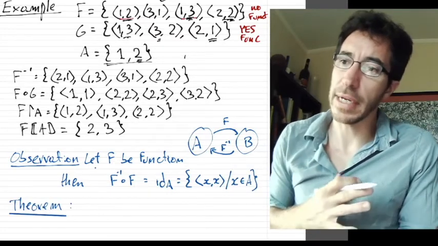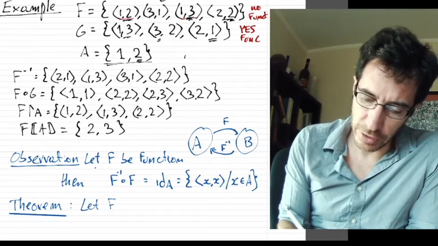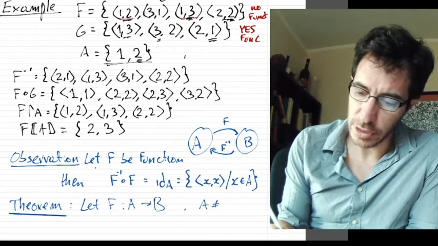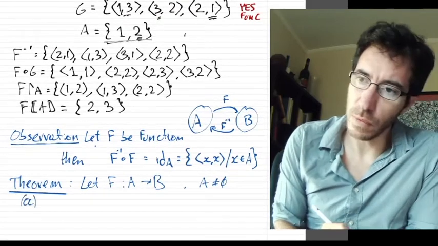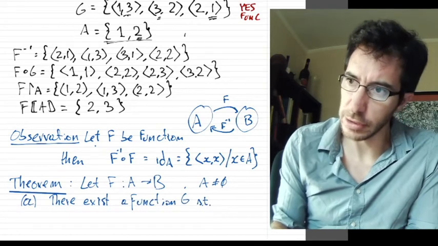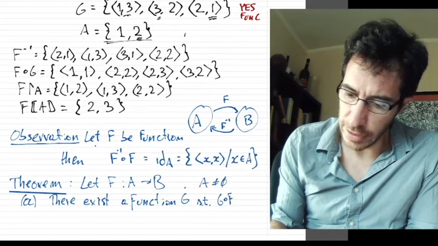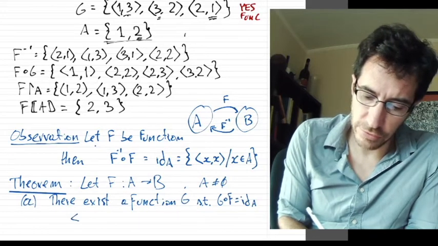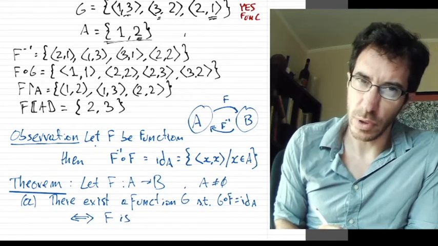Okay, let's see some situations where we can get partial inverses for functions. So let again F be a function from A to B, and let's assume that A is not empty, just for triviality. I want to claim two things. Number one, there exists a left inverse, a function G, such that G composed with F is the identity on A if and only if F is what?